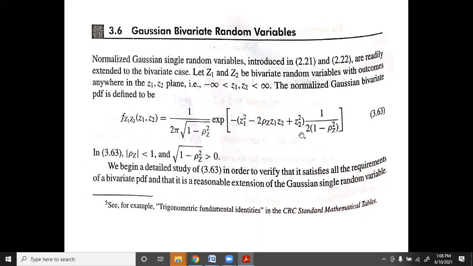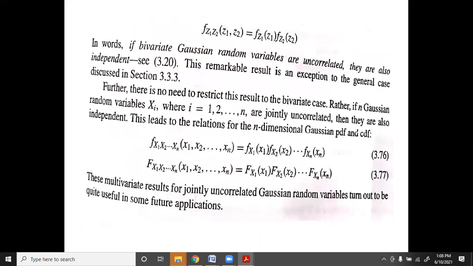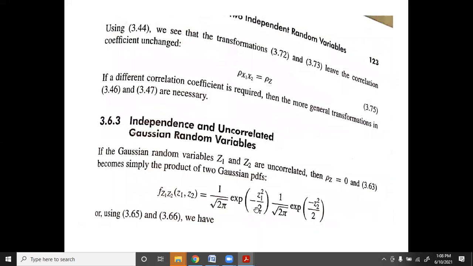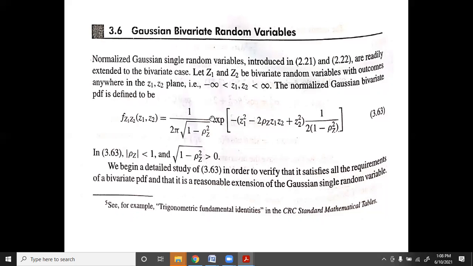And those two terms can be just separated. So what is it we are doing? We are just trying to substitute in 3.63 the value sigma Z equal to 0. Then I get 1 by 2 pi, and this quantity will be 0, and we are left with minus of Z1 squared plus Z2 squared.